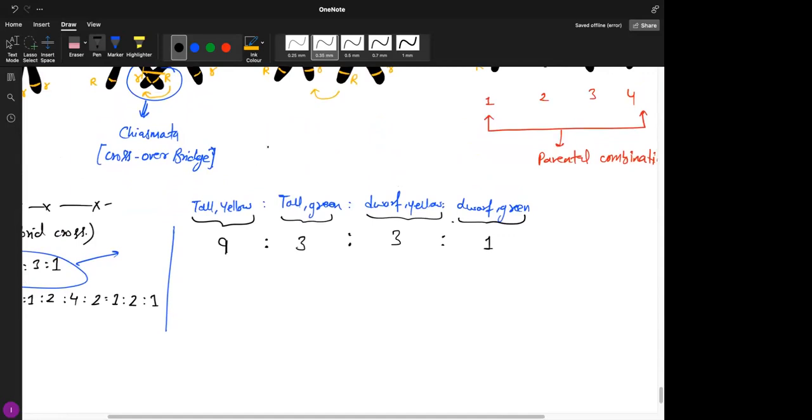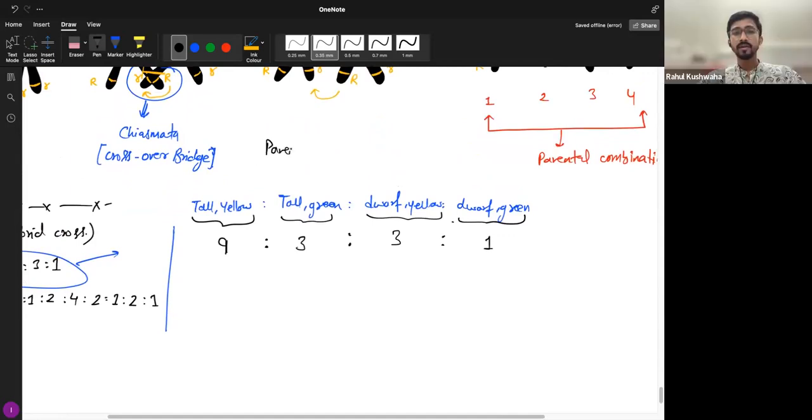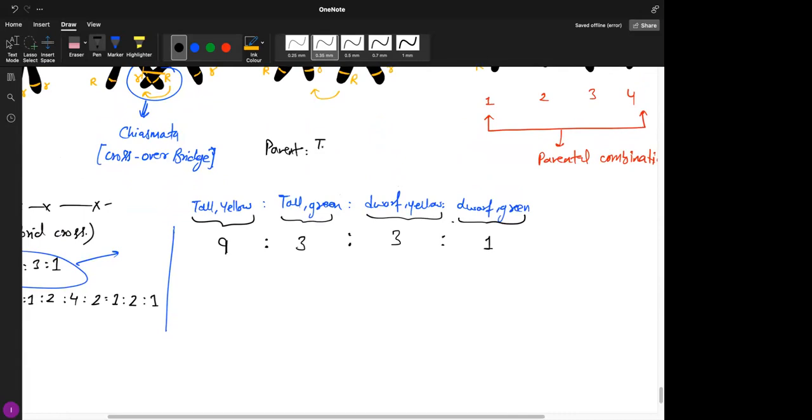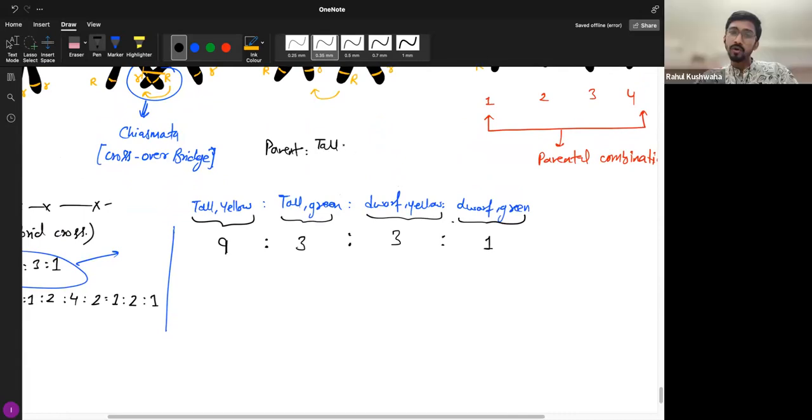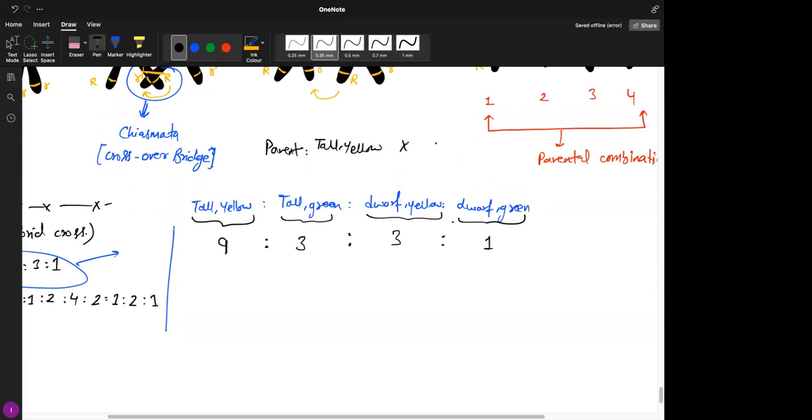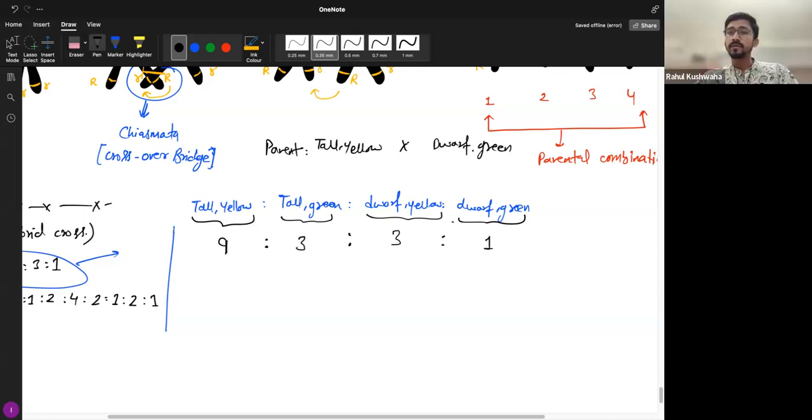And what were the parents that we took? Now let's talk about parental combination. The parents that we crossed to get this, we always start with pure parents, right? So parents could only be tall yellow, and we crossed it with dwarf green.